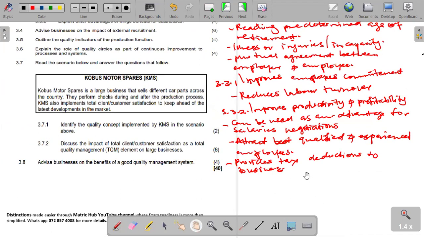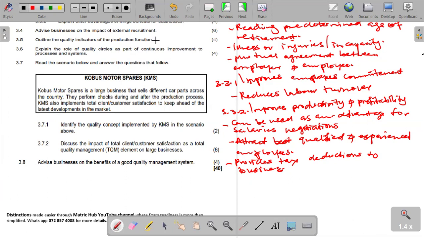And then question 3.5, outline the quality indicators of the production function.